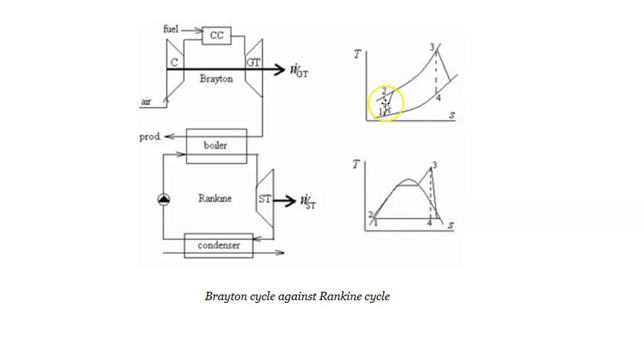So when you compare these two together, the Rankine cycle is sometimes called a bottoming cycle and a combined cycle because the Rankine cycle will be underneath the Brayton cycle, and its starting point is basically the end point of the exhaust of the Brayton cycle.